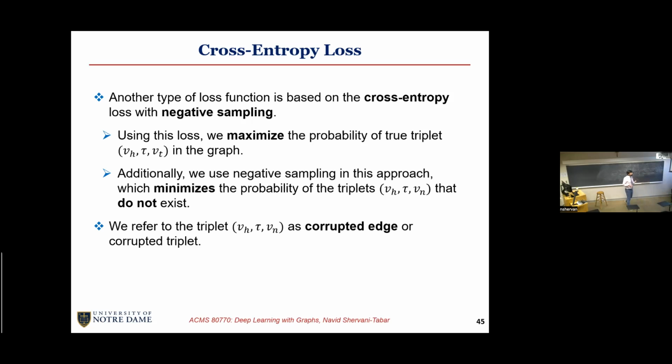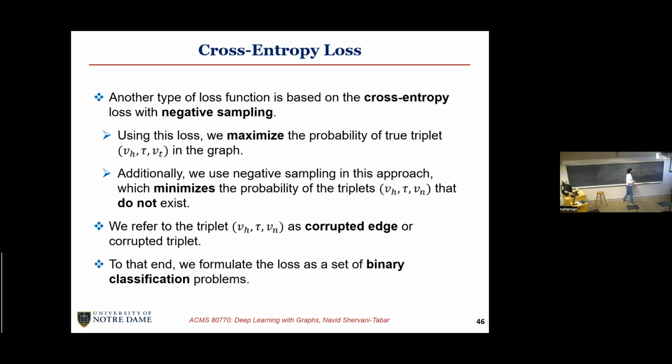And then we want to also minimize the probability of the data we are not seeing. That's the negative sampling part. So we construct some edges that do not exist with some relation types between them. That edge does not exist, and we call that a corrupted edge, or a corrupted triplet.